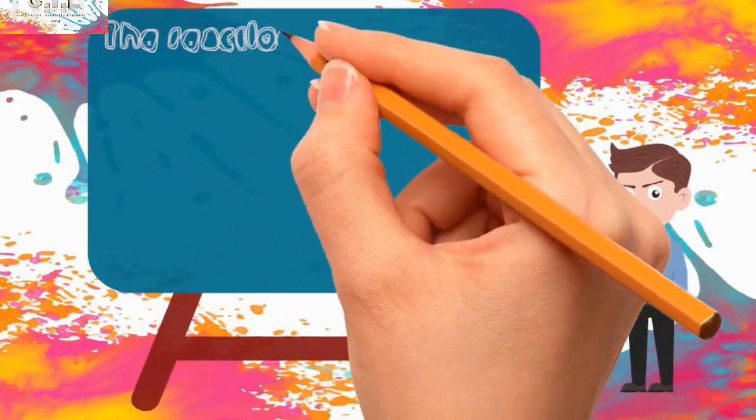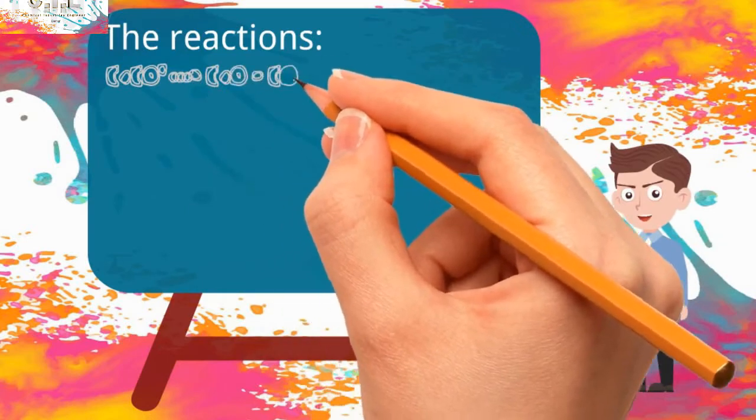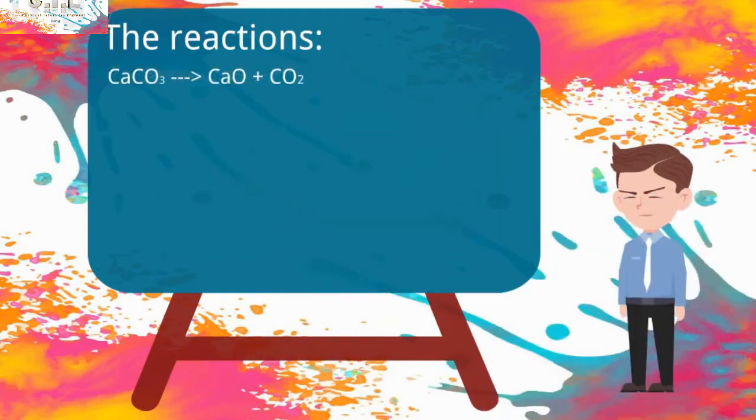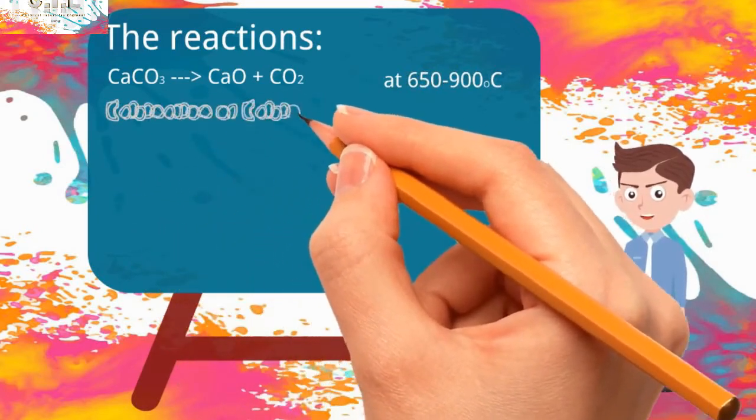About the reactions, when raw materials enter the burning step, calcium carbonate starts to decompose to calcium oxide and carbon dioxide, as I mentioned in the last episode, at 650 to 900 degrees Celsius, which is called calcination or calcining.